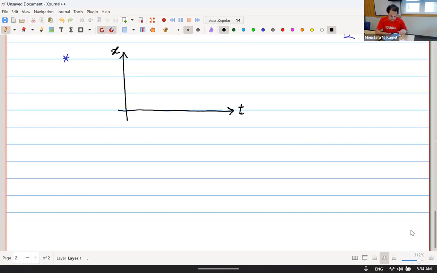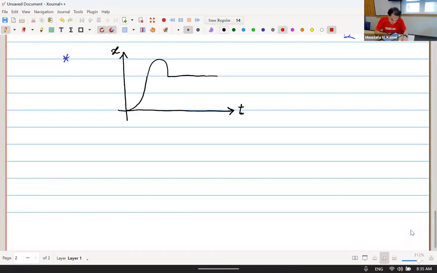So assume you were given this graph of position. Okay.